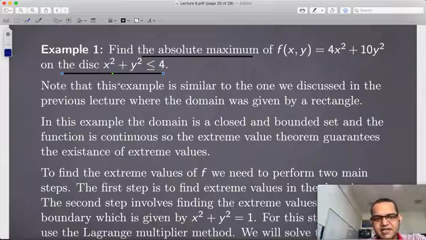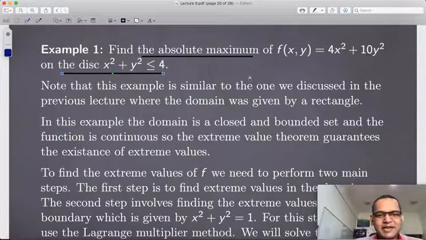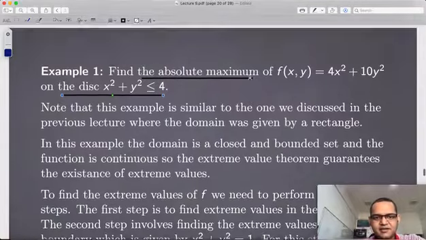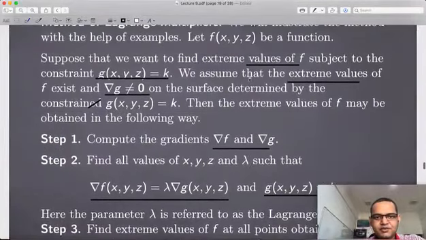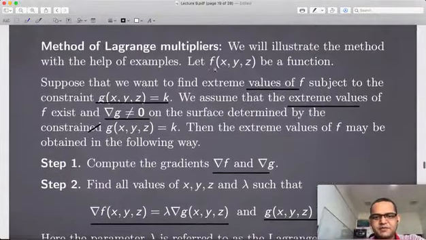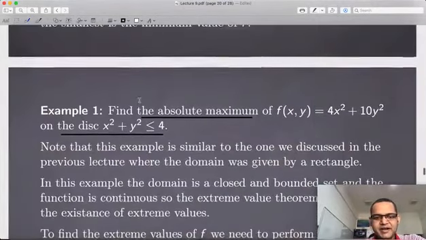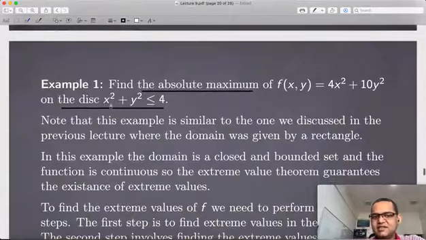So this is again a closed and bounded situation. For the method of Lagrange multipliers, if you look at it straight away, we expect a function and then a level curve or a level surface. Whereas this example is not really a level curve or a level surface. This is a domain in R2.